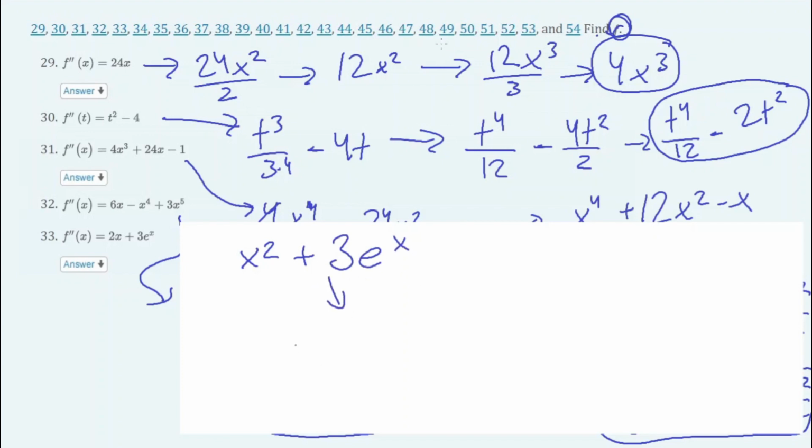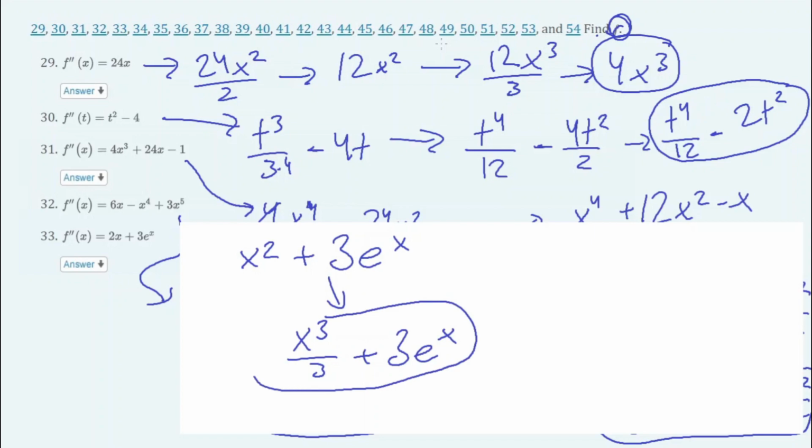Now we antiderive it one more time, which is going to be x cubed over 3 plus 3e to the x, because the derivative of 3e to the power of x is going to be 3e to the power of x. So as you antiderive it more, it's just going to be the same thing. So that is going to be our function for number 33.